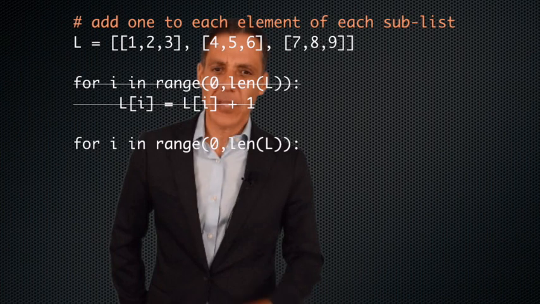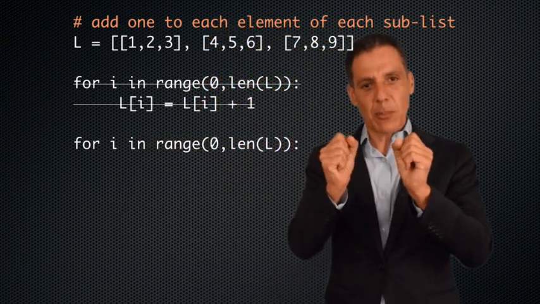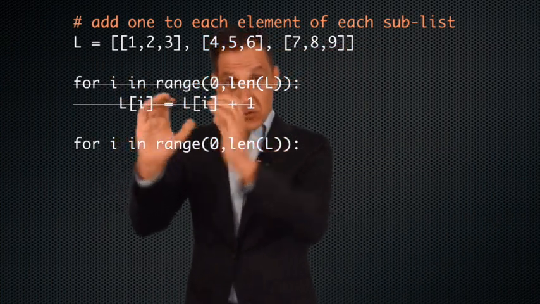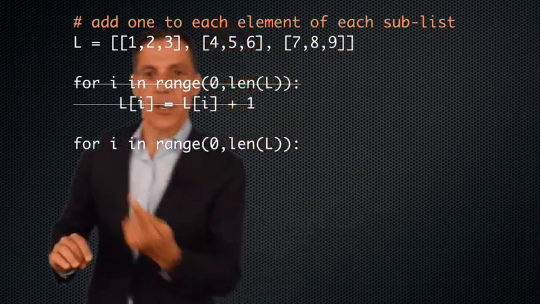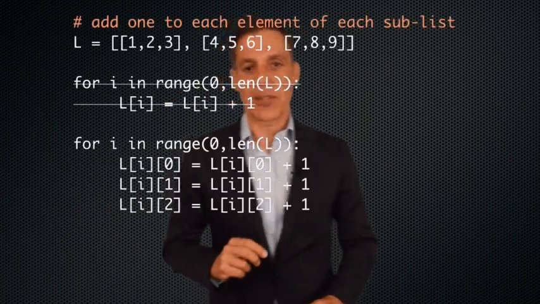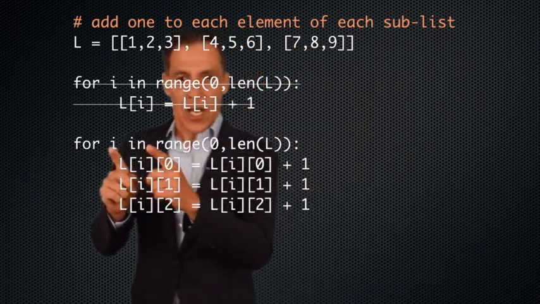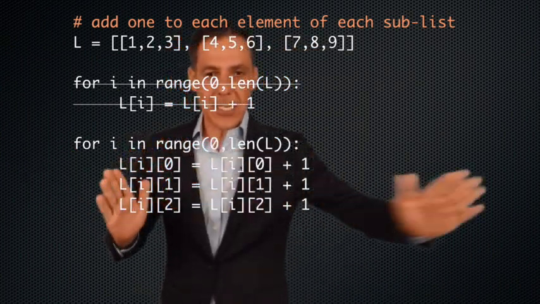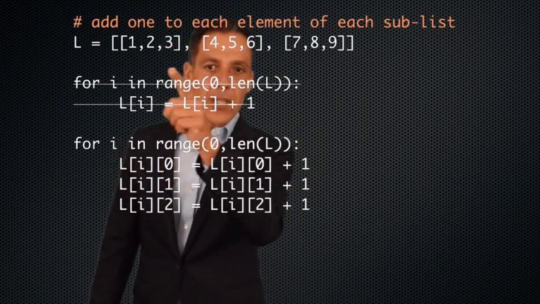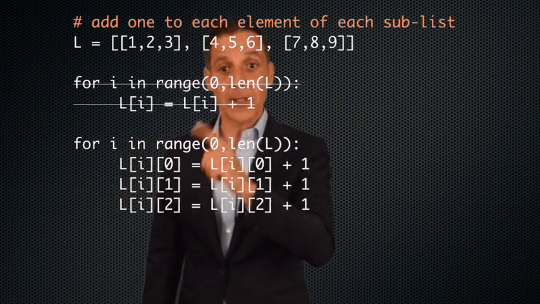All right, so let's see what that would look like. Do you remember what the notation is for this? It's that double square bracket. Grab the 0th element of L, square bracket 0, and then grab the 0th element of that, another square bracket 0. Okay, so let's look at these 3 lines of code. L sub i, so forget everything else for a second. What is L sub i? i is 0, so L sub i is that entire sublist. It is itself a list.